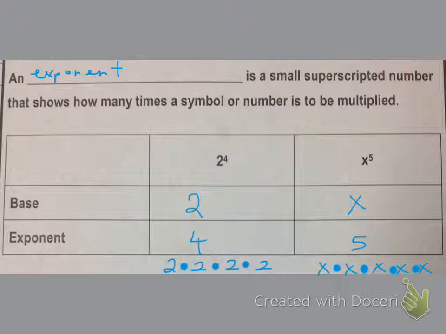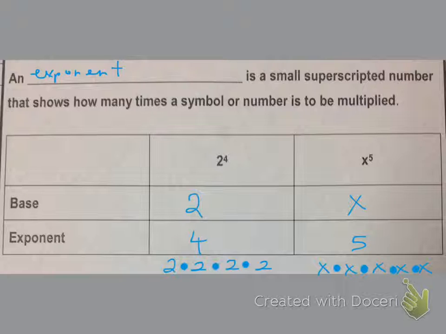So 5x is 5 times x, which we've established already, but what does that mean? It's not multiplied, because that's x to the 5th.